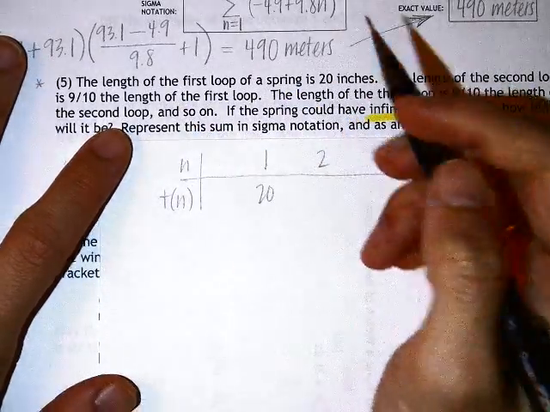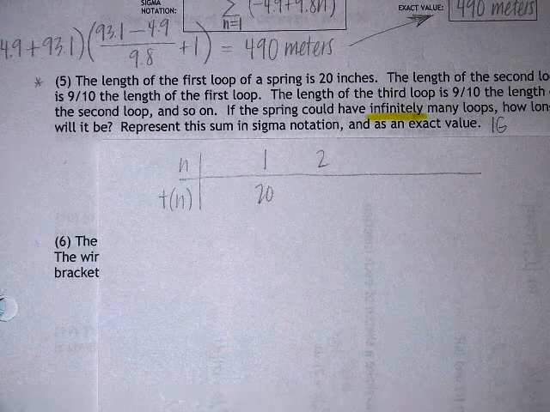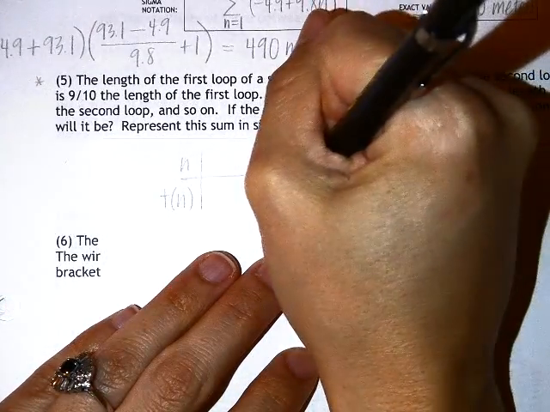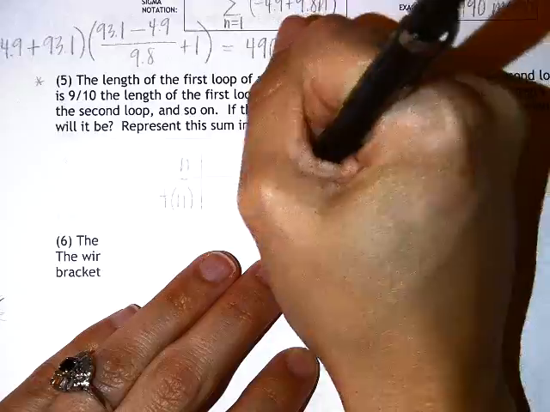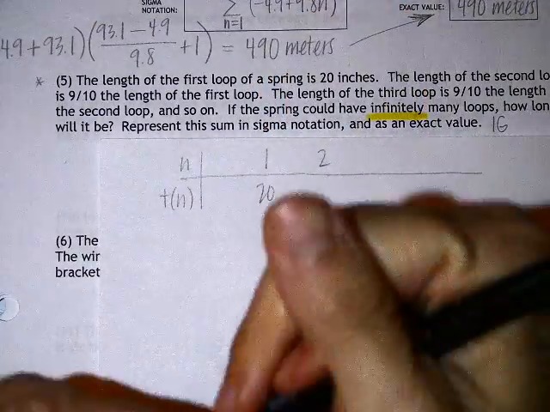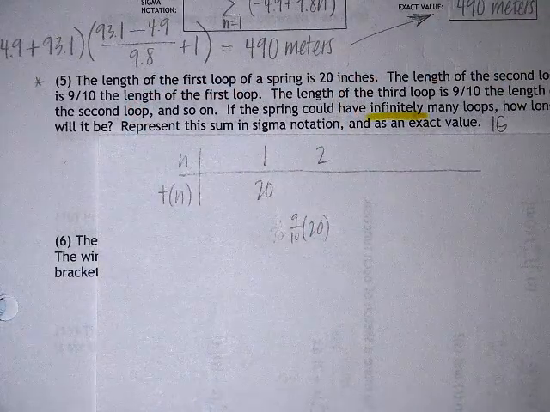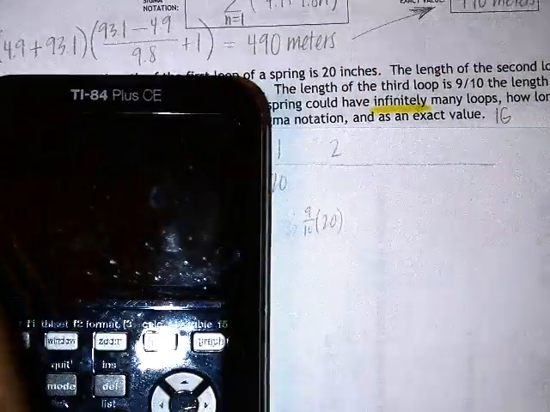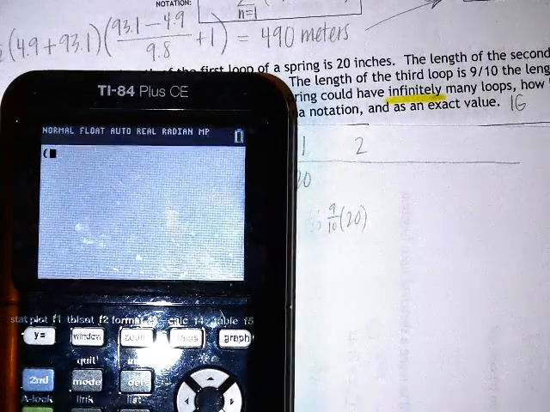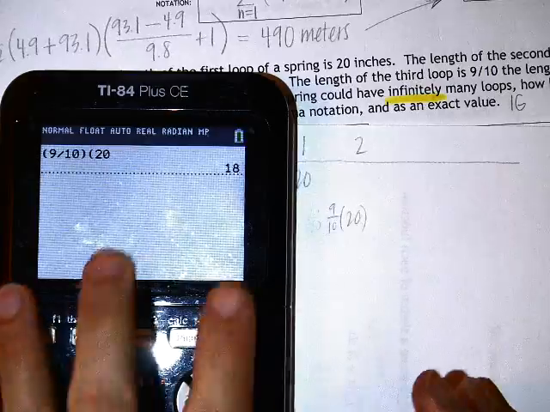Now, to interpret that, 9/10 the length of the first loop would be 9/10 of 20. And 9/10 of 20 means 9/10 times 20. So 9/10 times 20 would be, and I'll grab a calculator for this just to make absolutely sure. I'm pretty sure it's 18, but always nice to be safe. 9/10 times 20, yep, 18.